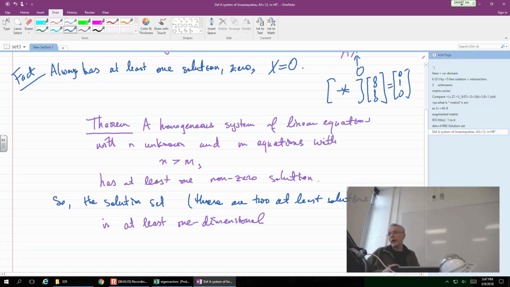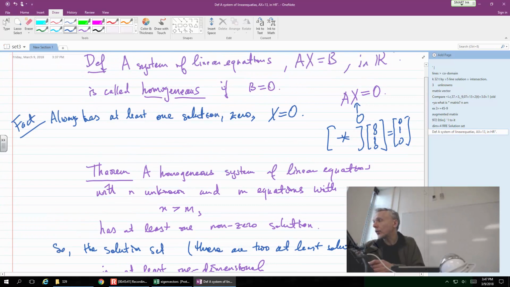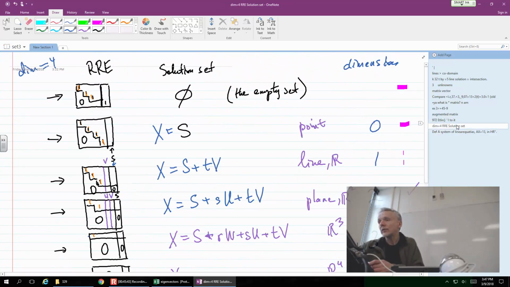What we want to do now, the missing part in this analysis, is to make the algorithm more specific. How exactly do we find the row echelon form? You did a little bit of that at home. The next homework will not be next week because of the test.